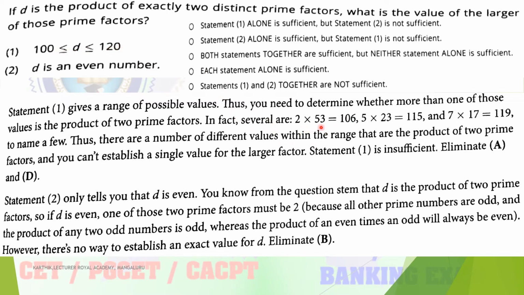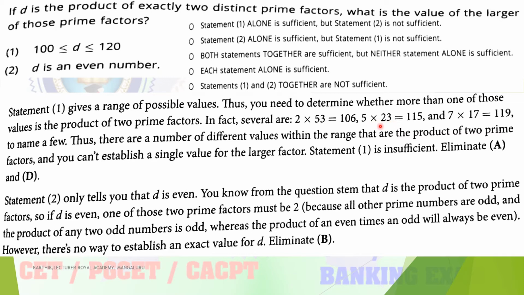So here what we have to find out is the value of the larger of those prime factors. This is one condition. Second condition: 5 is one of the prime numbers, 23 is one more prime number. Two different prime numbers.